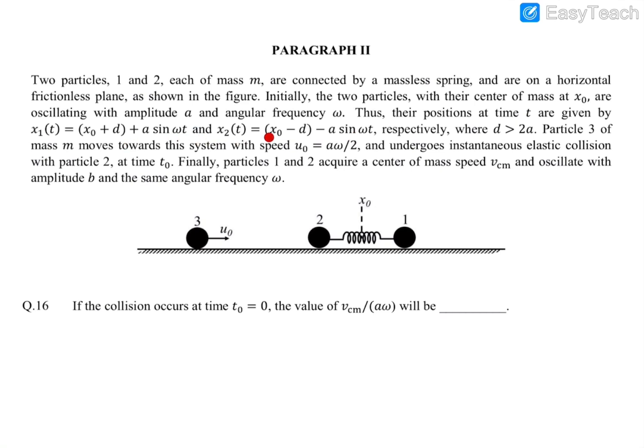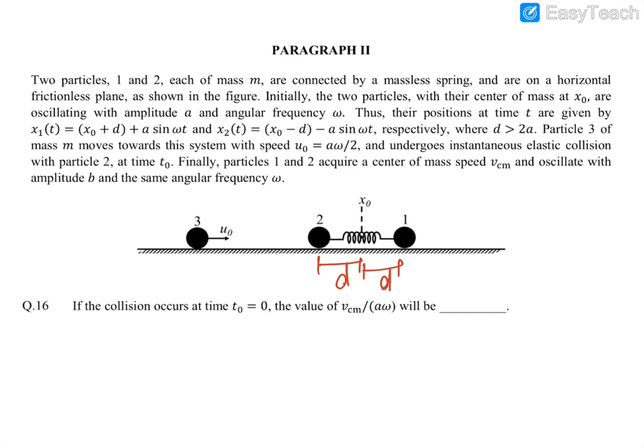According to these equations, we can see that d is the distance from the center of mass. Particle 3 of the same mass m is moving towards this system with a speed of u0, which is a omega by 2.